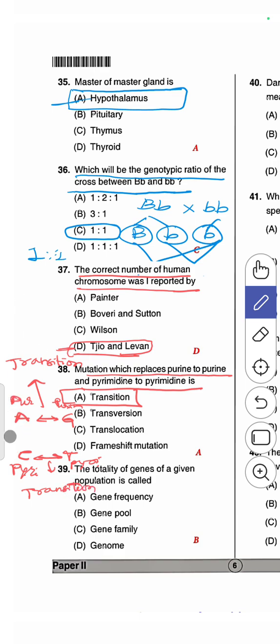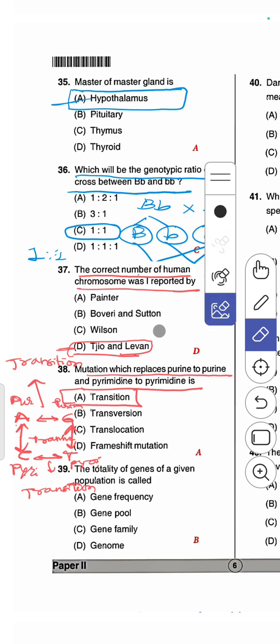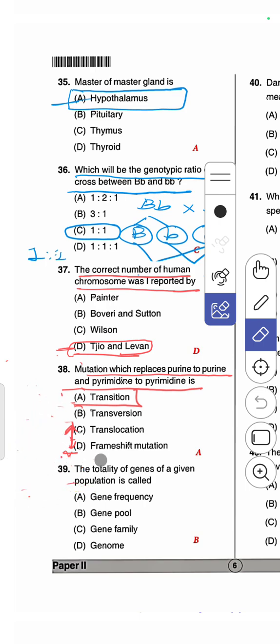If you replace purine with pyrimidine, then it will be considered as what? That will be considered as transversion. So I will write it here in shortcut.